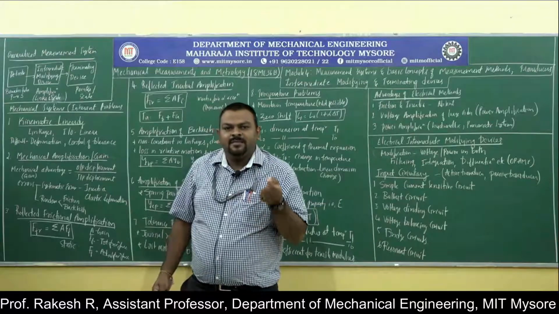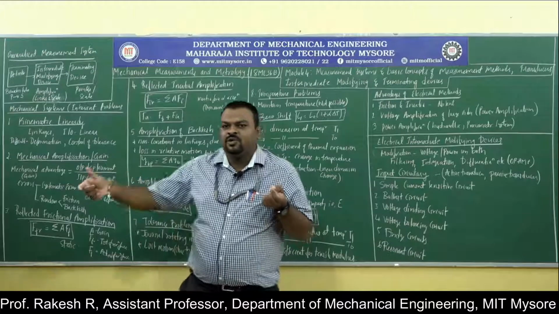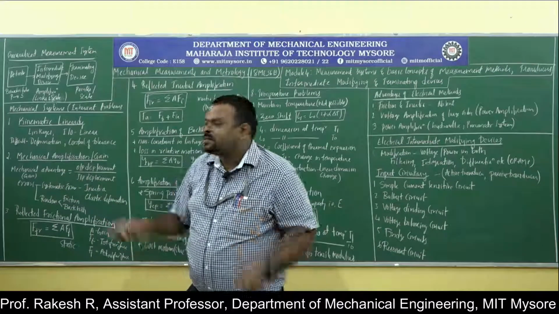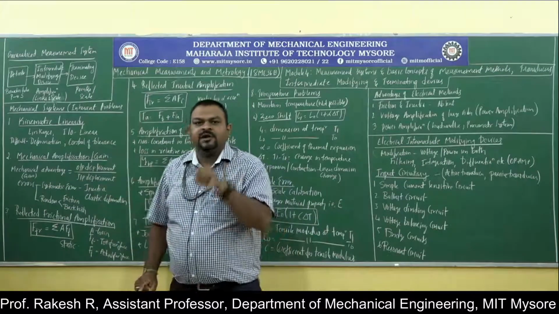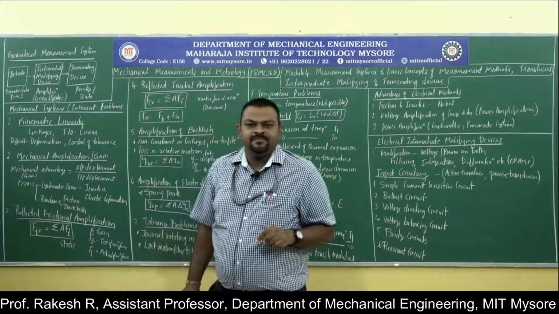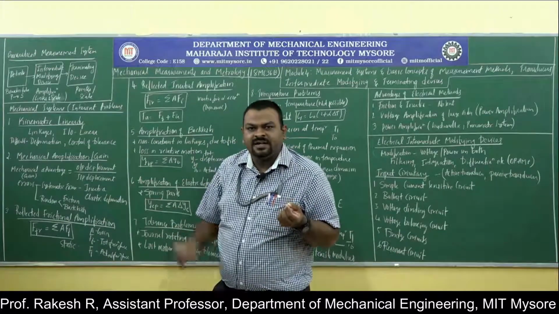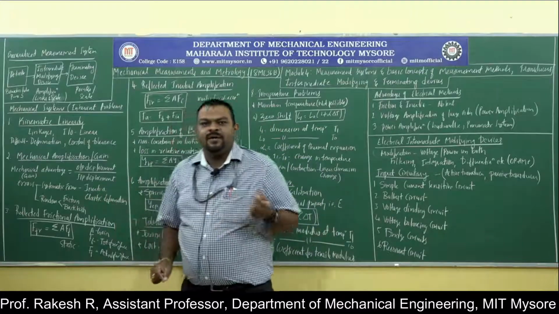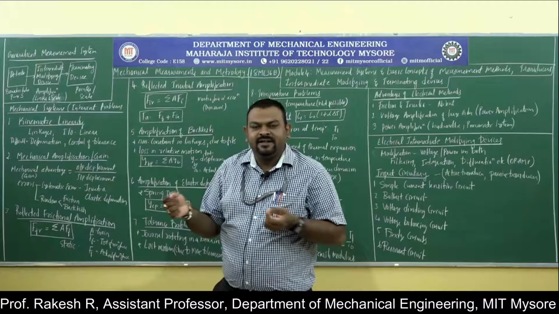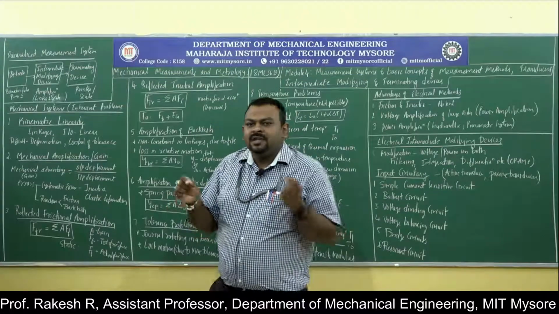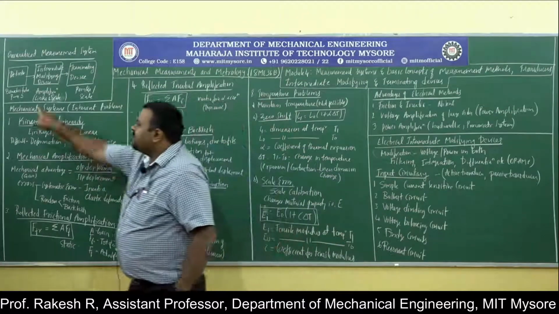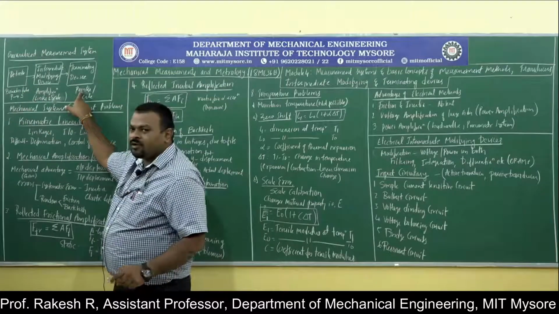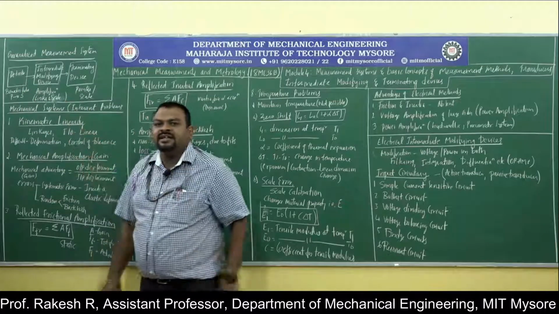For 0.1 mm of displacement, it should show the converted reading correctly. Otherwise, it leads to a wrong display of result. Suppose for 0.1 it is showing 10 kg per centimeter square, for 0.2 20, 0.3 30. So the relationship between the displacement sensed in the detector and the pointer in the output, these two must be linear in nature.